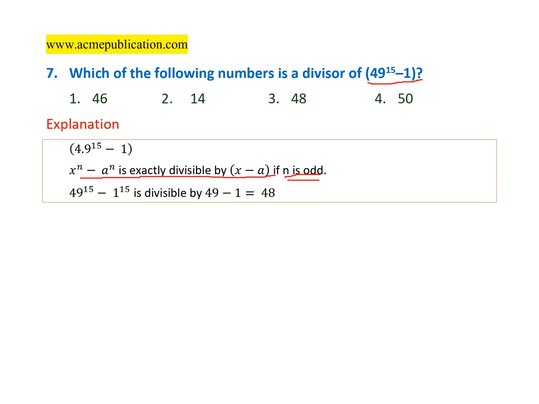Remember, if n is odd. Using this rule, we can say that 49 raised to power 15 minus 1 raised to power 15 is exactly divisible by 49 minus 1, which is 48.